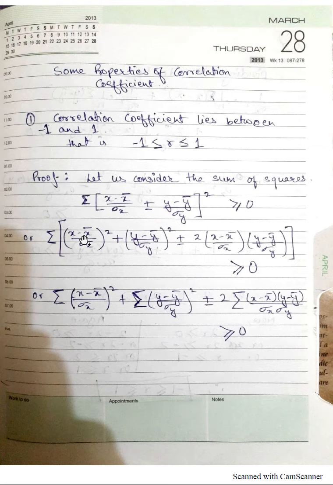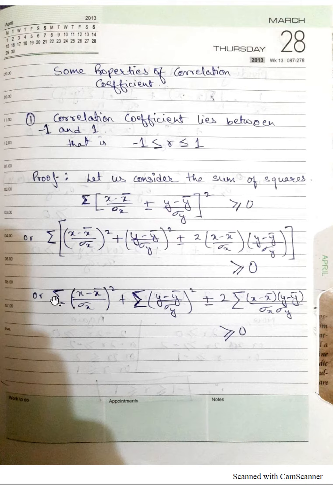Now we open the bracket here for summation. So summation of a plus b can always be written as summation of a plus summation of b. So now we sum it up, we open the bracket, so summation of these will be equal to summation of this plus summation of this plus minus summation of this.